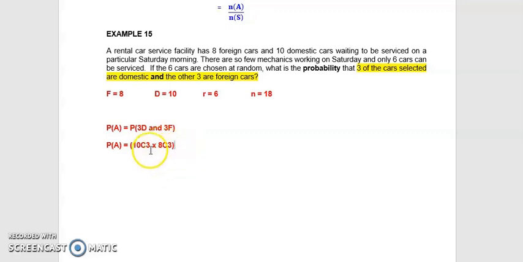This is the number of ways that we can choose 3 domestic cars and 3 foreign cars.